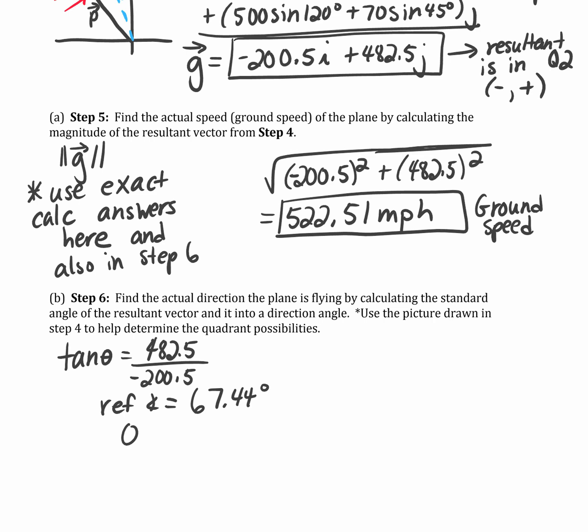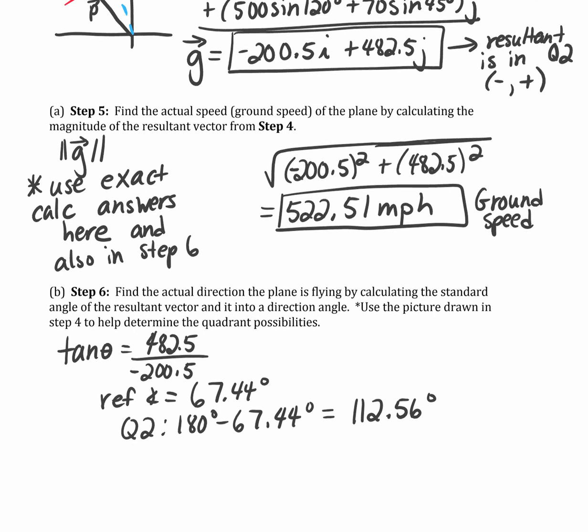And since we're in quadrant 2, we will do 180 minus that. So we're bringing back some of our angle measurement things from the beginning of the year. Never quite goes away. So we have 112.56 degrees.